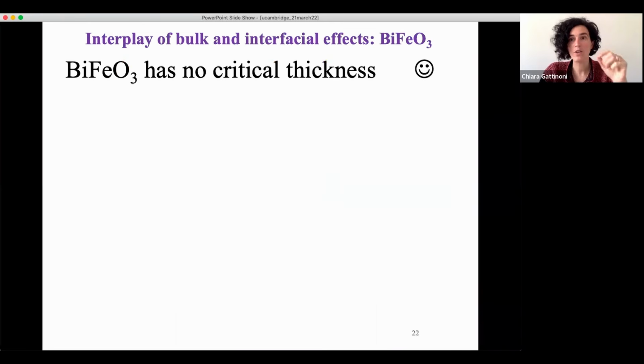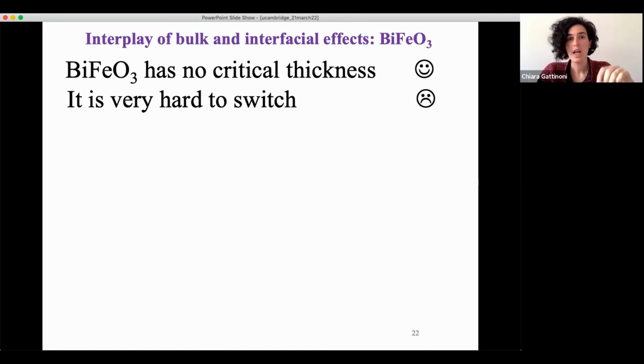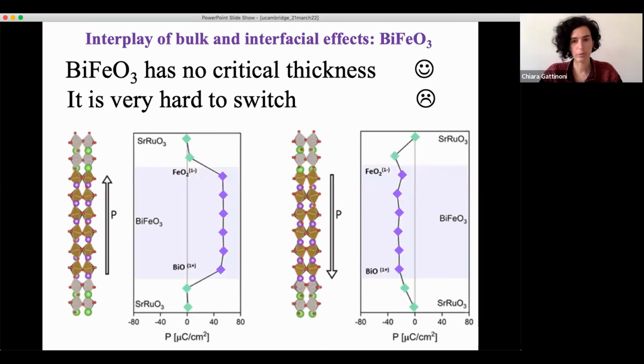So with bismuth ferrite, you have 0 critical thickness, down to 1 unit cell. It presents a ferroelectric polarization. It is very, very hard to switch, which is not very nice when you want to have it in a memory component and you have to continuously switch it up and down. So to show you, this is the happy system. You see that for 6 unit cell, this is the polarization, and it's perfectly robust at 50 microcoulomb per centimeter squared.